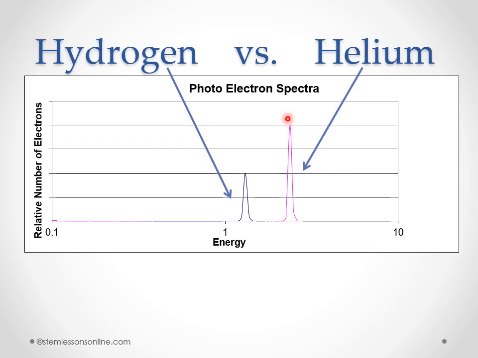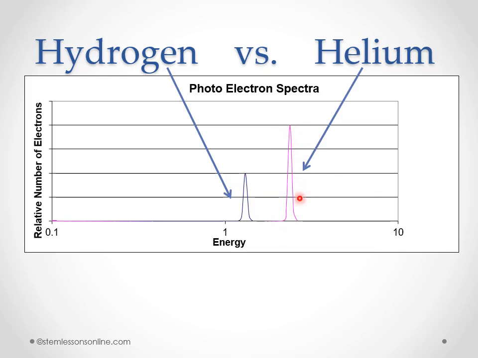So peak height double means it has double the number of electrons compared to hydrogen. And now look at the energy. Energy is decreasing this way, again opposite to the normal one. So for this one we need more energy, for this one we need less energy to remove that electron.